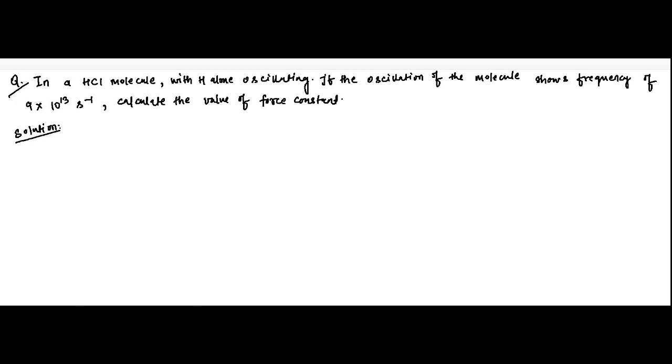We have to calculate the value of the force constant, assuming that it is simple harmonic motion in nature. The motion of hydrogen, H plus Cl minus, H plus is oscillating alone in simple harmonic motion. Another extra data which is given, which I missed here, is the Avogadro's number.